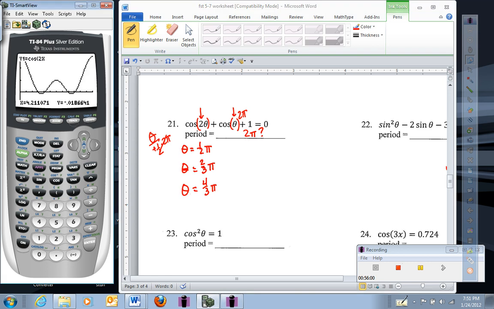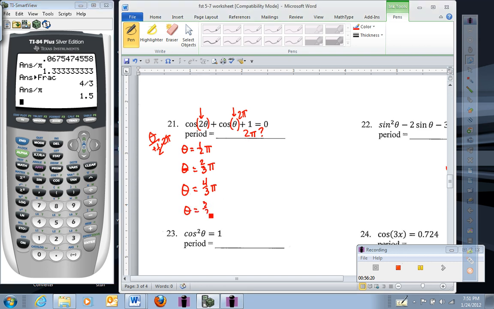Then last but not least, if I go back to my graph, trace this one, 4.712. If I hit clear twice, take that answer and divide by pi to get the pi out of there, I get 1.5, which of course is the same thing as 3/2 pi.